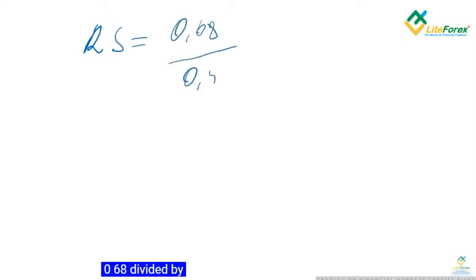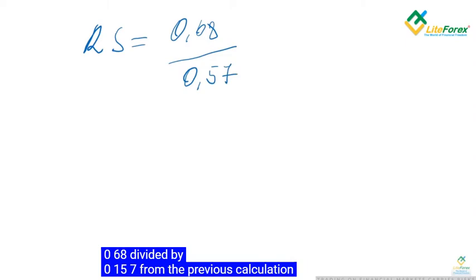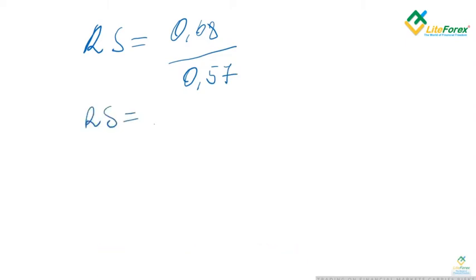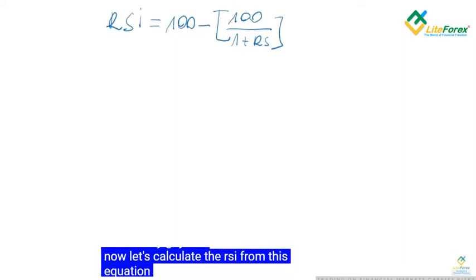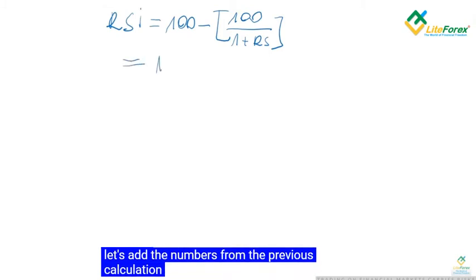Okay, now let's further calculate the RS. 0.68 divided by 0.57 from the previous calculation, and the RS is 1.19 for us. Okay guys, so now let's calculate the RSI from this equation. Let's add the numbers from the previous calculation.